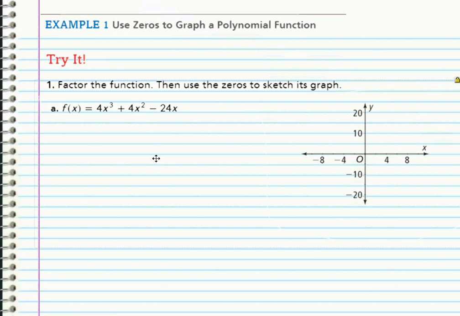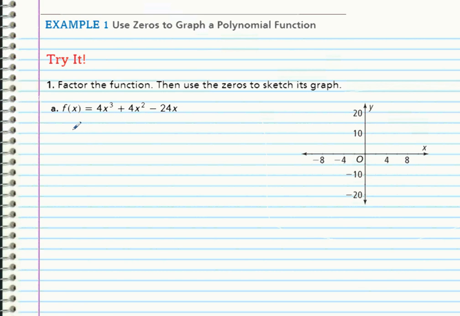So the first thing we need to do is figure out how to factor this thing. On this one, it's really nice: everything has a 4 in it. Everything's divisible by 4, and every term has an x in it.